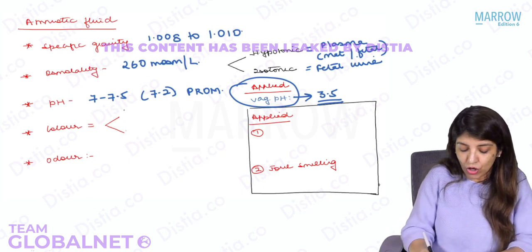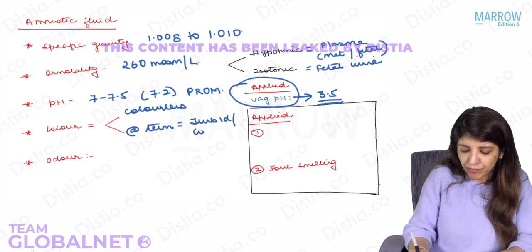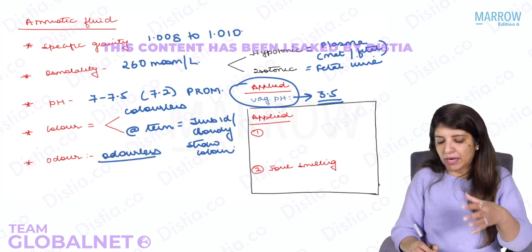Now, color of amniotic fluid. Basically, amniotic fluid is colorless. At term, it is turbid or cloudy, and it is straw colored. Also, amniotic fluid is odorless. Now, how are we going to apply this fact?